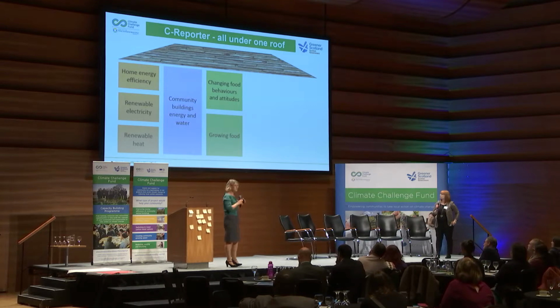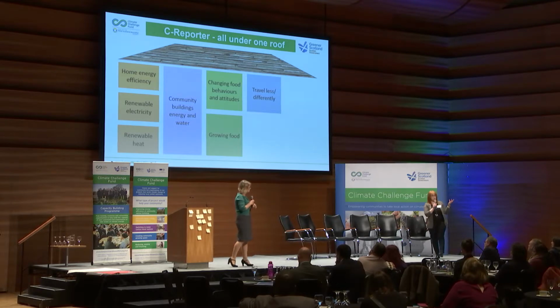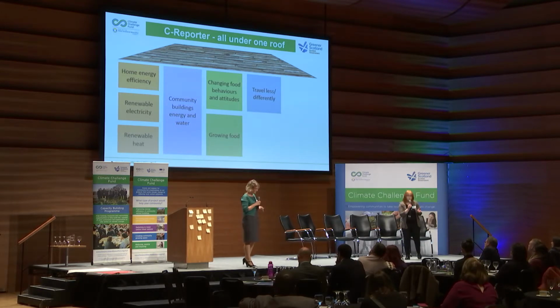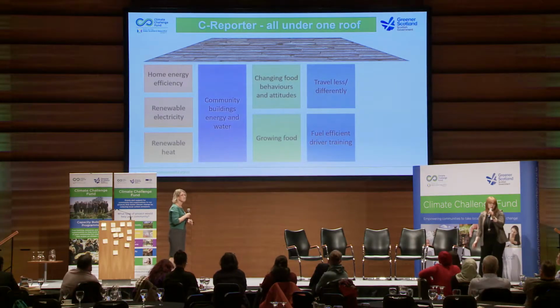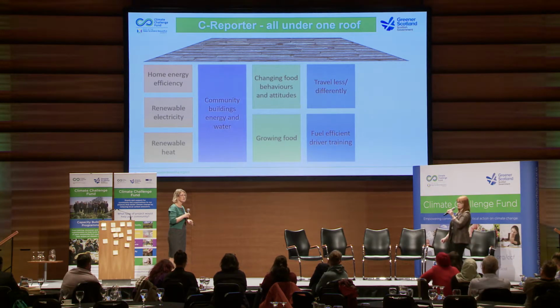And if you're growing food, there's a wee table below it. If you're changing the way people travel, so a modal shift, with people going from the car to cycling, then you want to use the travel less, travel differently table. And then fuel efficient driver training. It does what it says on the tin. If that's what you're doing, then you use that table.